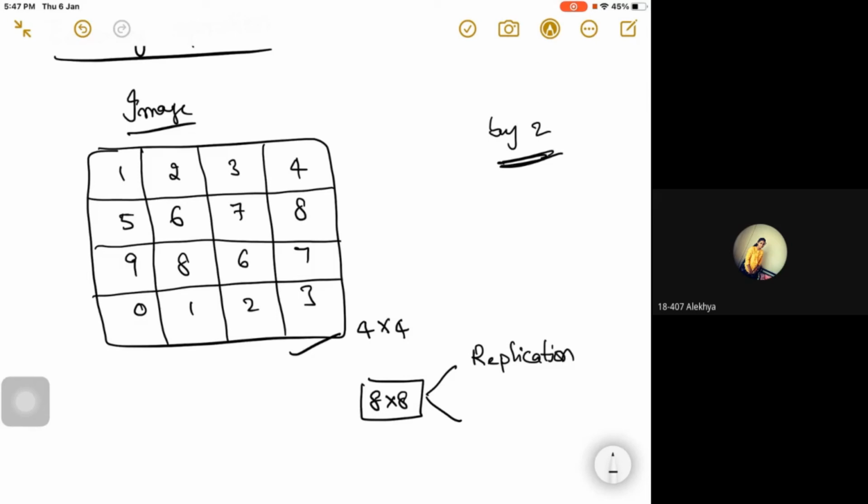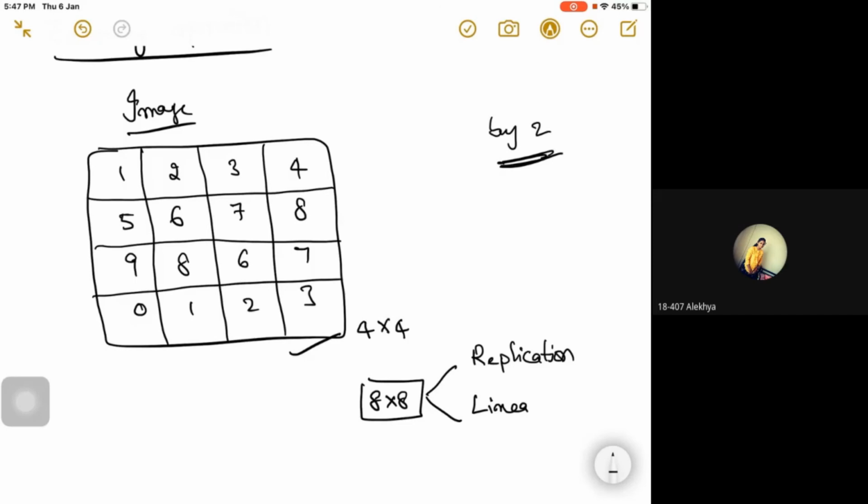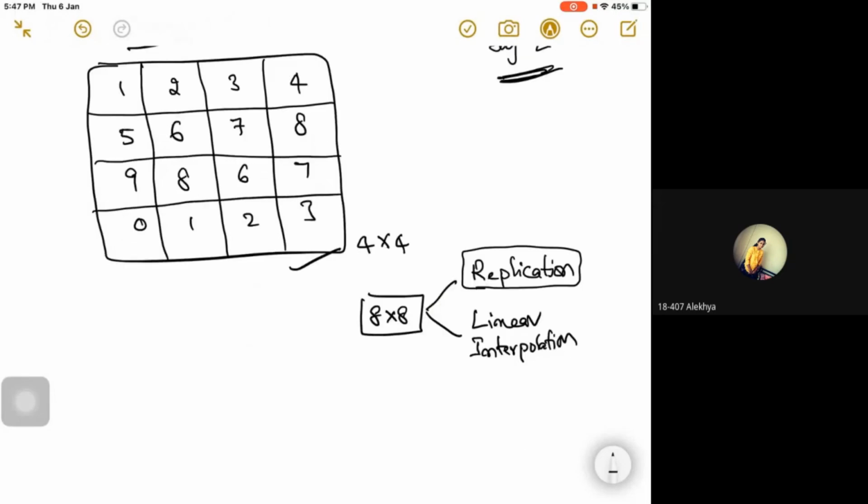Another technique is linear interpolation. In both replication and linear interpolation, the image size should be doubled. The original image is 4 by 4. Now we have to assign the intensity values of the image of size 8 by 8. Now coming to replication.